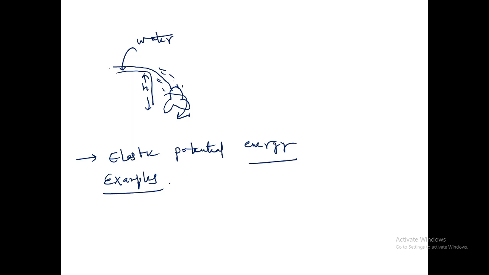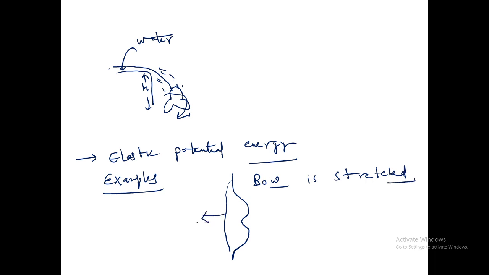When a bow is stressed, I am not very expert at making a bow, but if this bow is stressed, stretch has been done, there is a change in configuration of its different parts, right? Work done on the bow during stretching is stored in the bow as elastic potential energy.